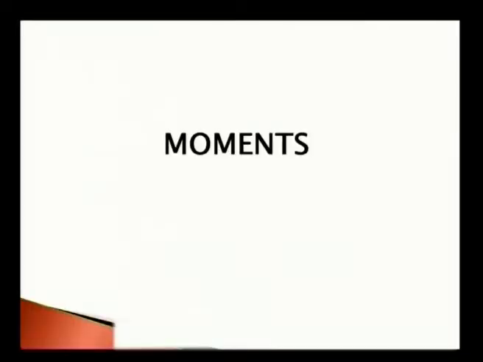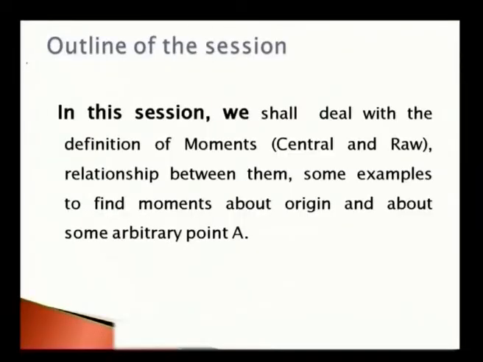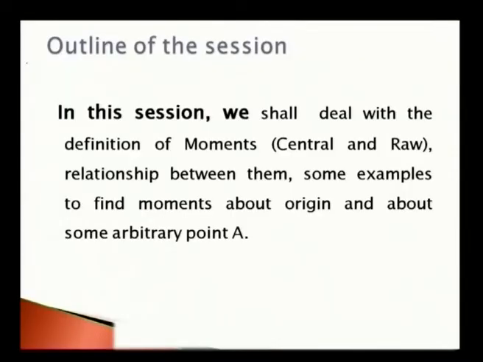All these topics have been dealt, and this is a new topic called moments, which is also related to mathematical expectation. In this session we shall deal with the definition of moments. There are two types of moments, one is central, another one is raw. Relationship between the central and raw moments, some examples to find moments about origin, and some arbitrary point A.